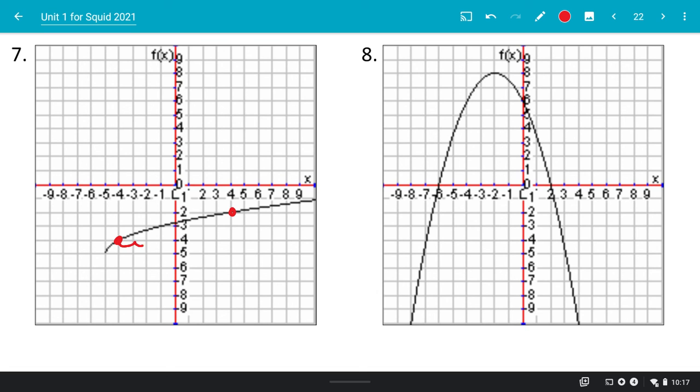Okay. 1, 2, 3, 4, 5, 6, 7, 8. So my rate of change from -4 to 4 is over 8, and then rise 1, 2, or 1/4, right?